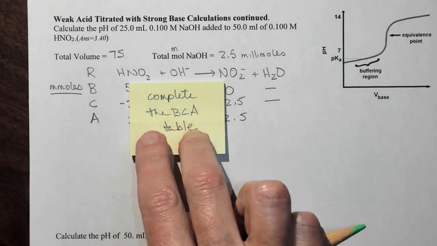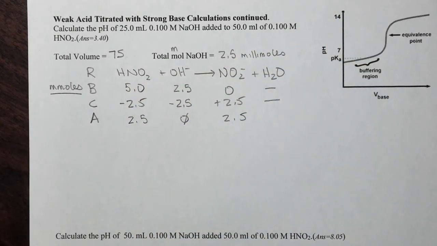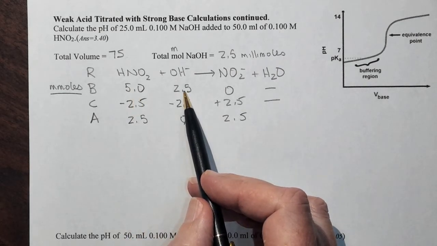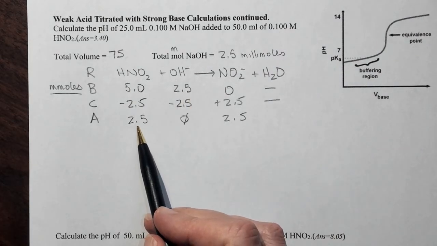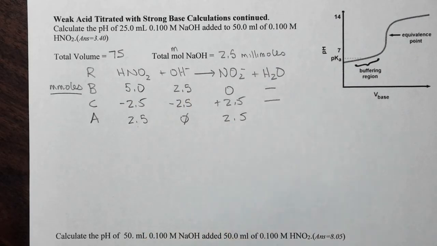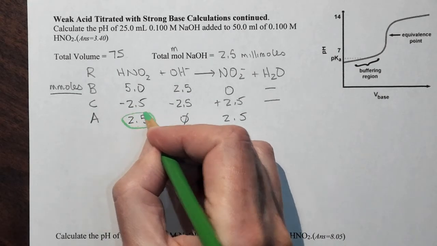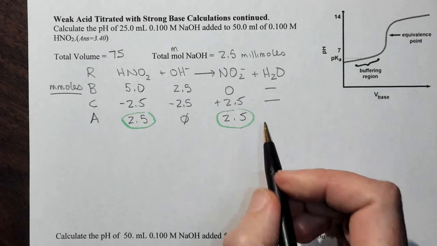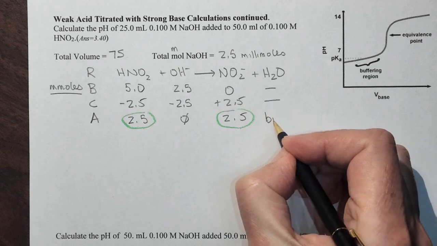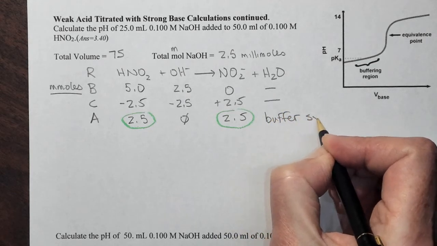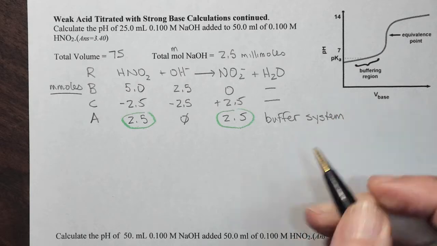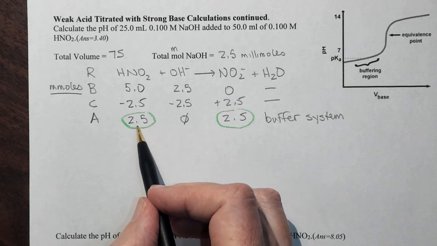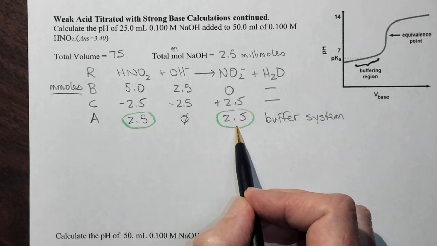Alright, you should have completed the BCA table, and you had 5 millimoles of the HNO2, 2.5 millimoles of the hydroxide. You end up with 2.5 millimoles of both the weak acid and its conjugate base. So we have a special case here where not only have we made a buffer system, but we also have what is called the half equivalence point, where the amount of HNO2 is equal to the NO2 minus.